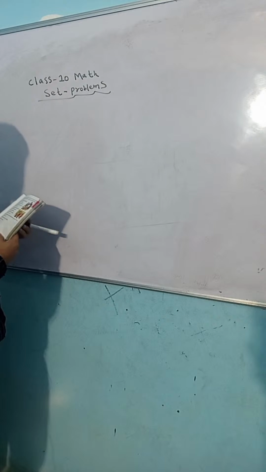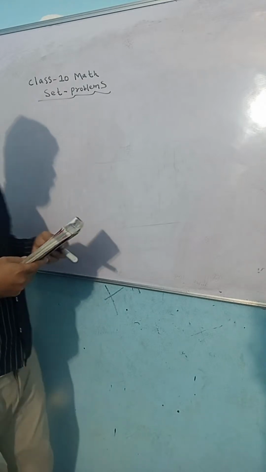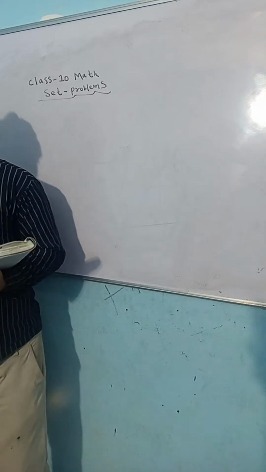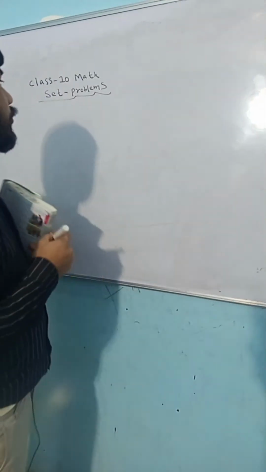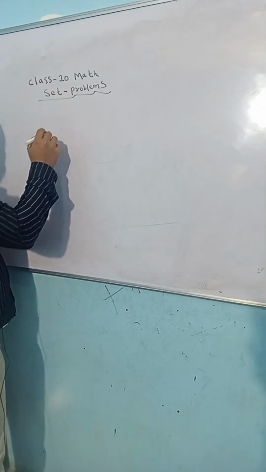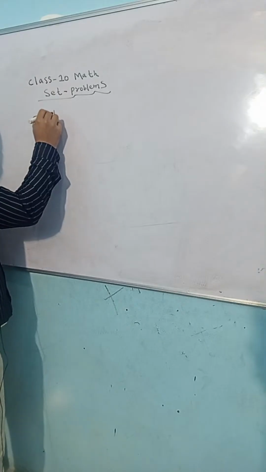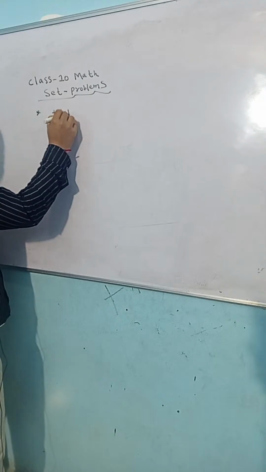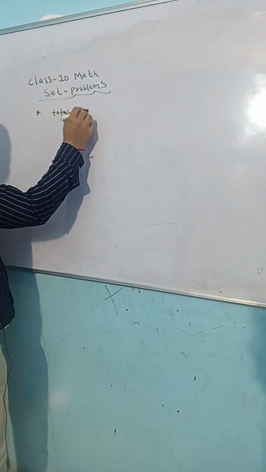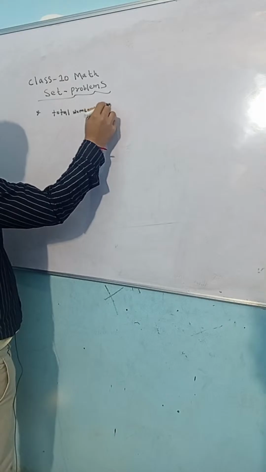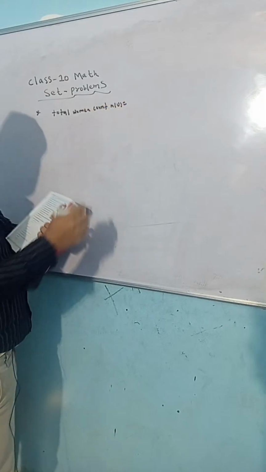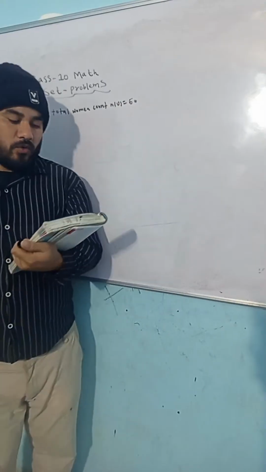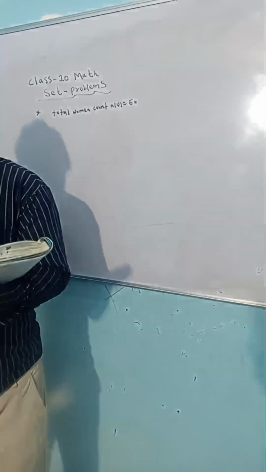In a group of 60 women, the ratio of women who like only Tej and only Tihar is 4 is to 3. We have the total number of persons. The total count of women is given in this question, and the total women is given as 60.